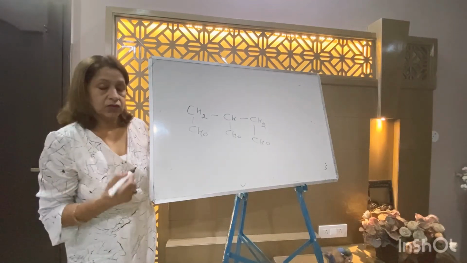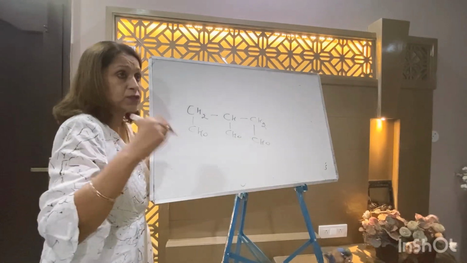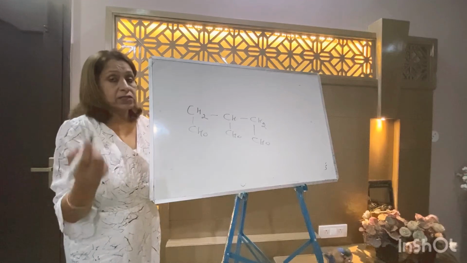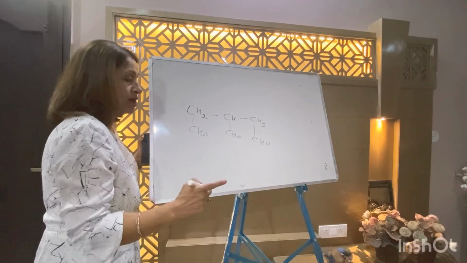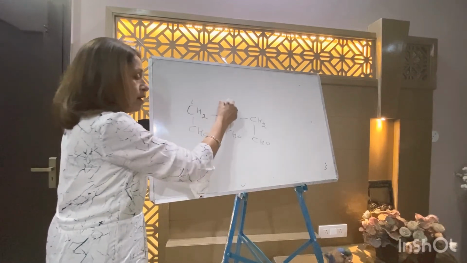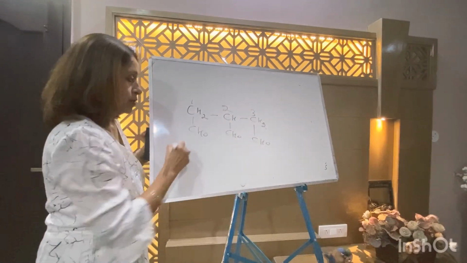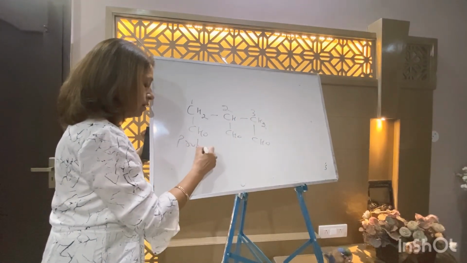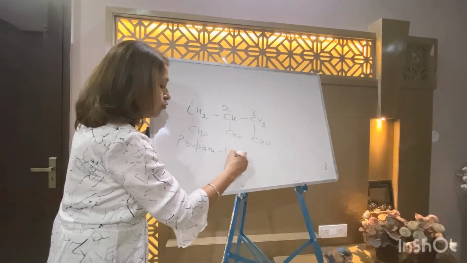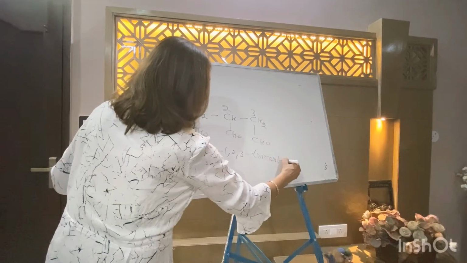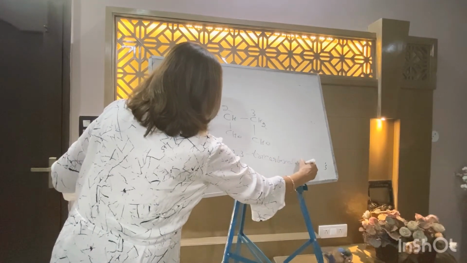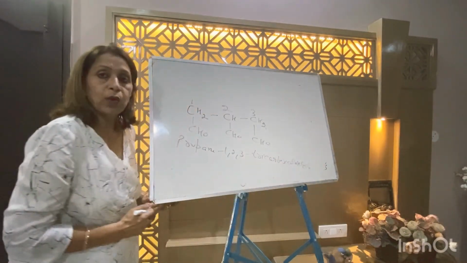If there are 3 aldehydes, those functional groups which always take number 1, if they come 3 times in the nomenclature, they never accept any number. So it's 1, 2, 3. So it's a propane 1, 2, 3 tricarboxaldehyde.